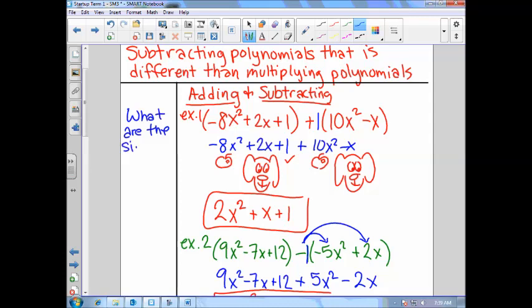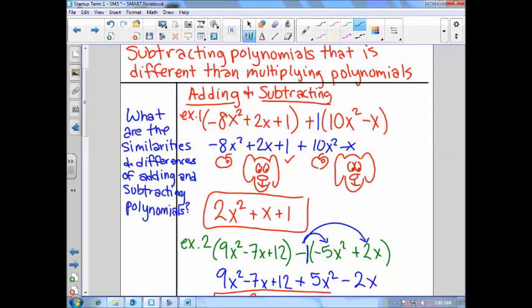What are the similarities and differences of adding and subtracting polynomials? Question mark.